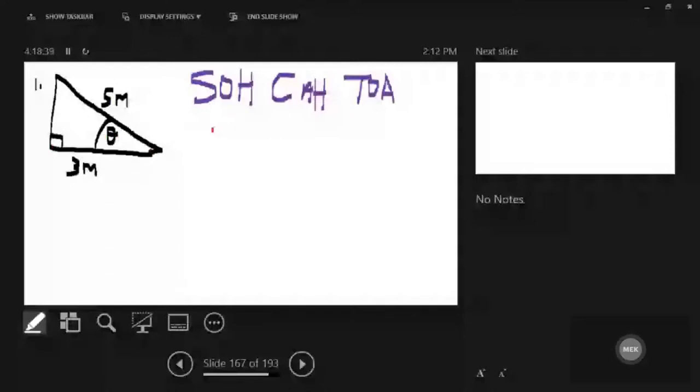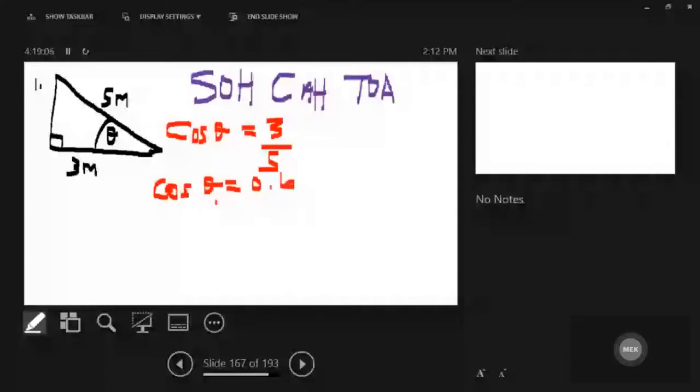So the trig ratio that deals with adjacent and hypotenuse is cosine. So the cosine of theta is equal to the adjacent side over the hypotenuse. So the cosine of theta is equal to 3 divided by 5, which is 0.6.